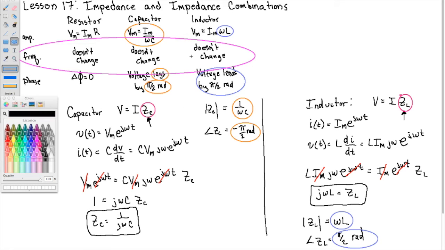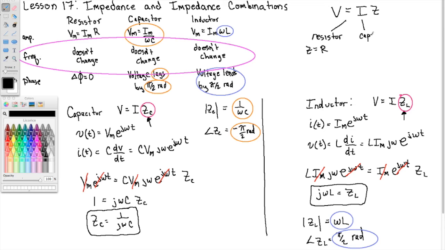In general, now we've unified the theory or the analysis for each of these three components. We're using the equation V equals IZ. It's just that for a resistor, Z equals R, the resistance.